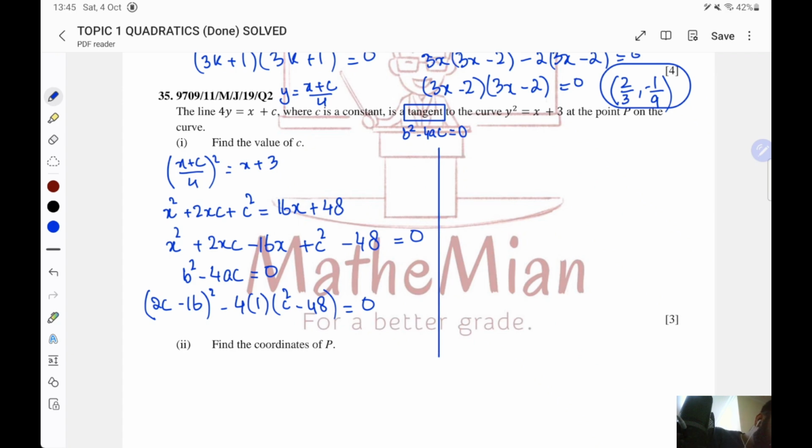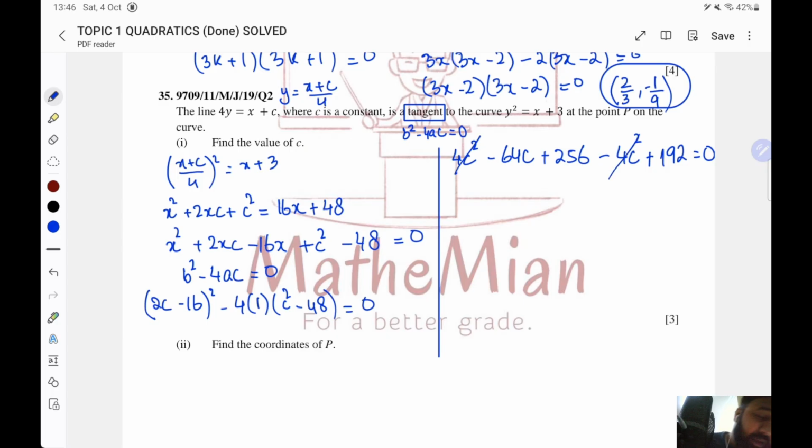If we expand it, we'll have 4c square minus 4 times 16, which is 64c, plus 16 square is 256, minus 4c square plus 4 times 48, which is 192, and it will be equal to 0.